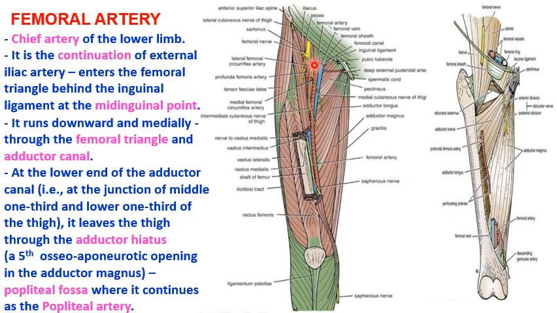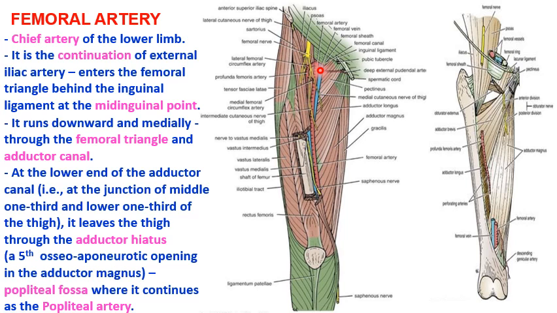So this is the femoral artery, in the front of the thigh, and that too in the femoral triangle, which is bounded laterally by the sartorius, medially by the adductor longus, and above by the inguinal ligament. And this is the femoral vein, and this is the femoral nerve with its branches. A big branch from the femoral artery, what you are seeing here, is the profunda femoris artery.